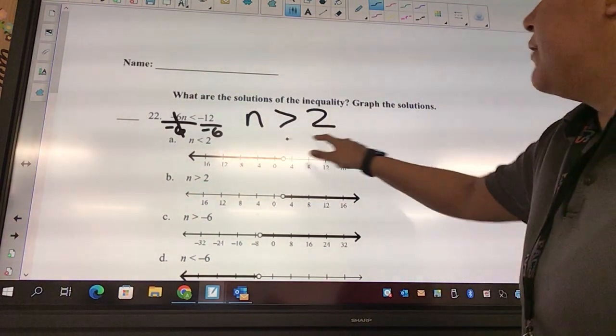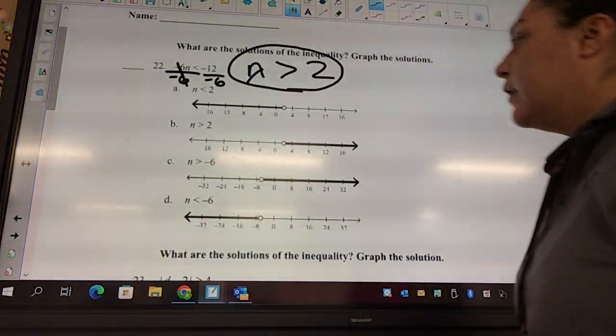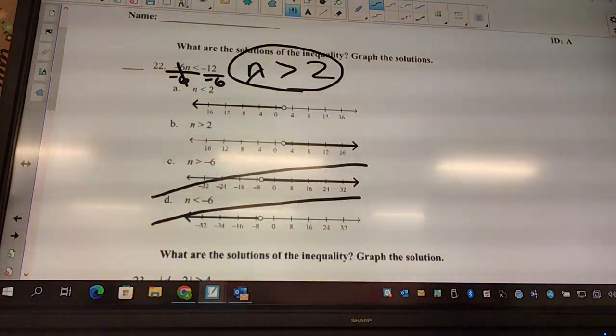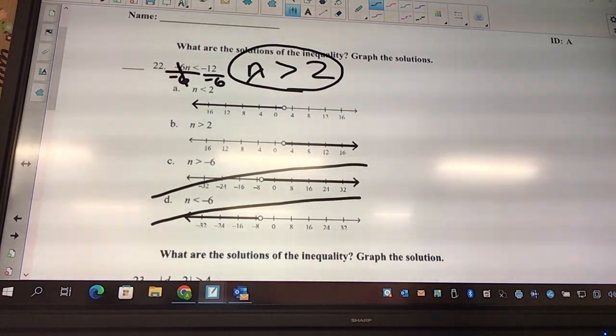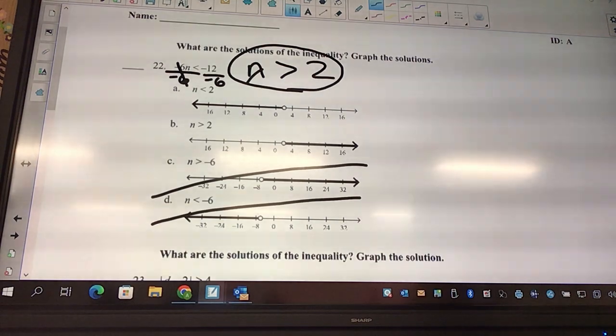So we got our stuff. What can we eliminate? We can eliminate C and D. Are those both open? Yes, so this says N is what? Greater, so which graph is that? B.